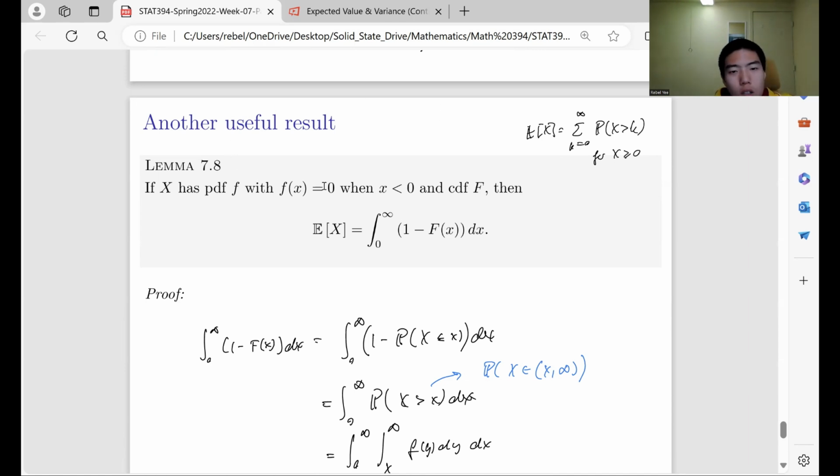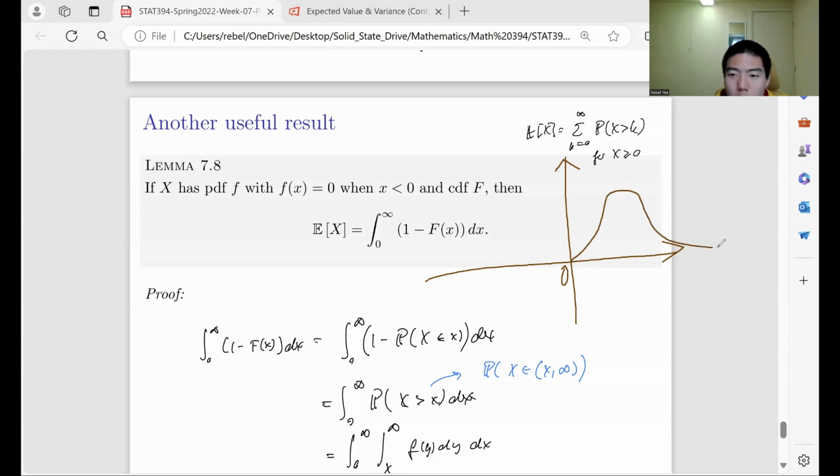So there are 2 assumptions for it. The first one is X is a PDF with f_X equal to 0 when x is smaller than 0, which means the PDF looks like this. I will briefly write it. If this is 0, then it seems like this.